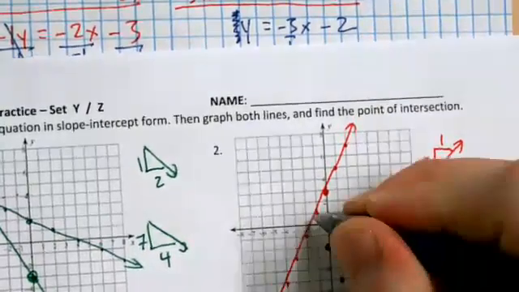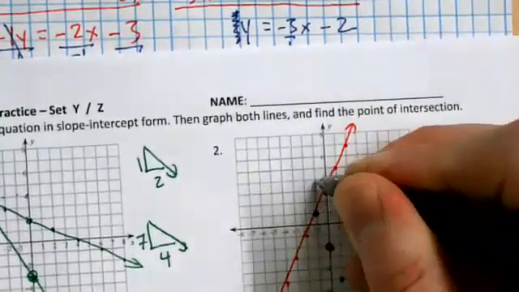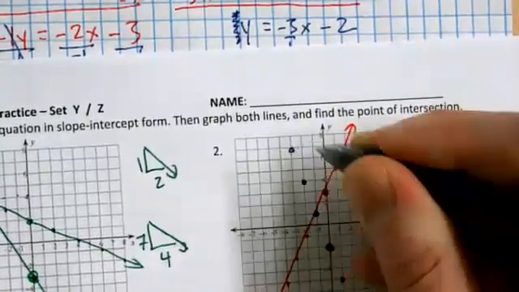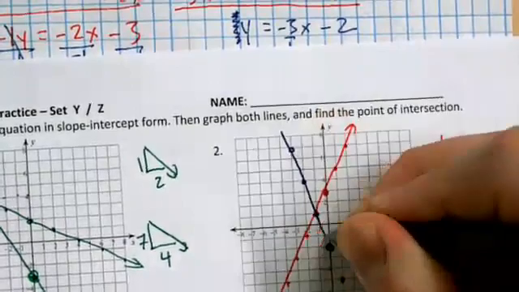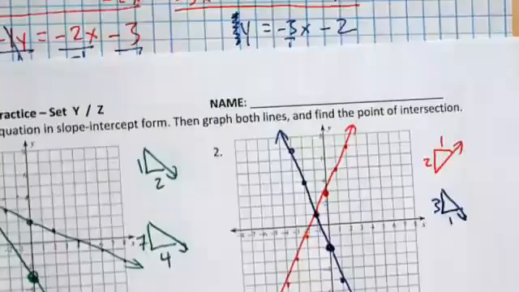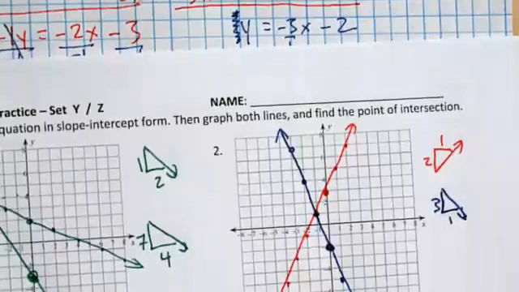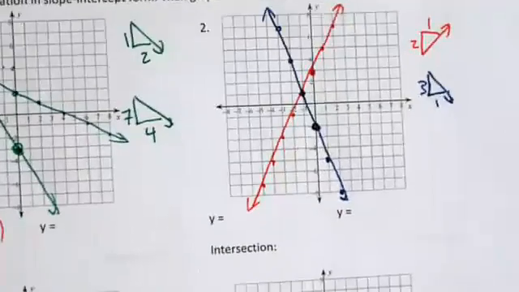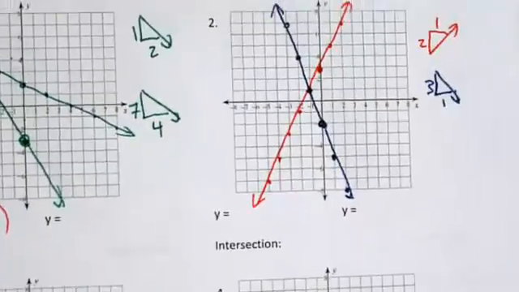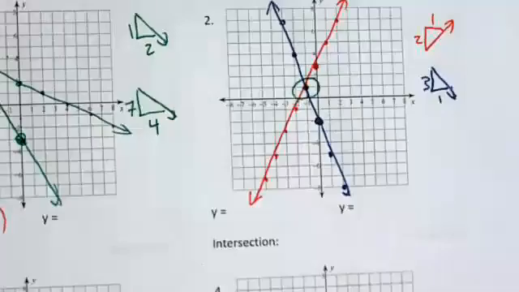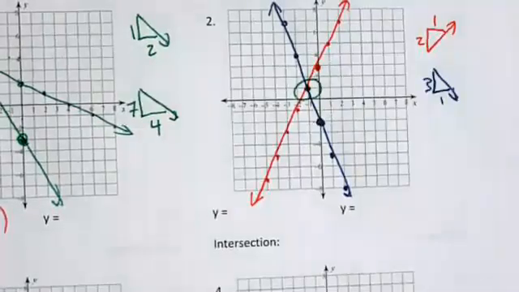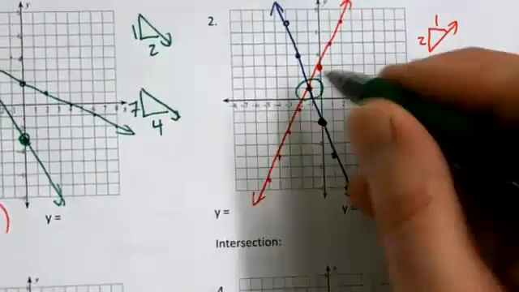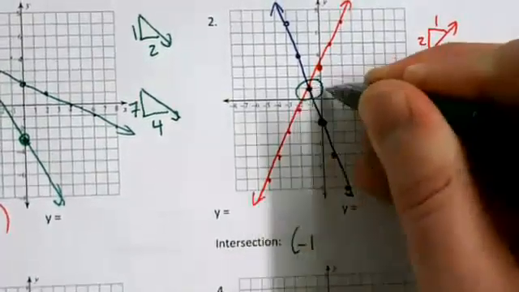And then I'll back it up and go the opposite direction. So all I'm missing is my intersection, which is at -1, 1. -1 on the x, 1 on the y.